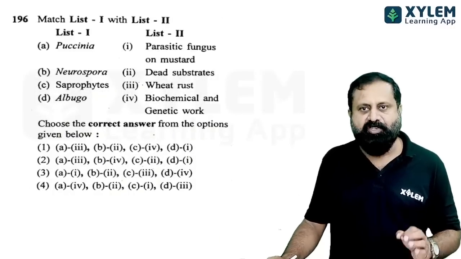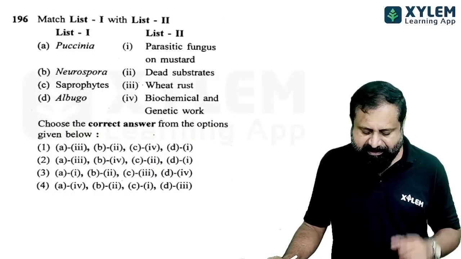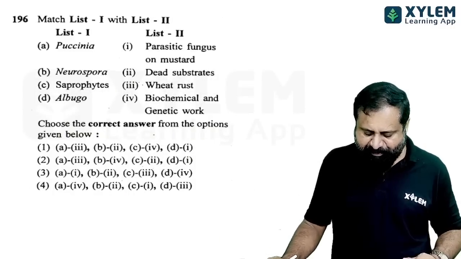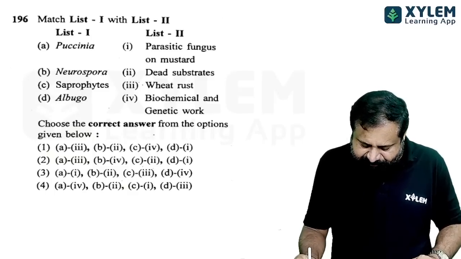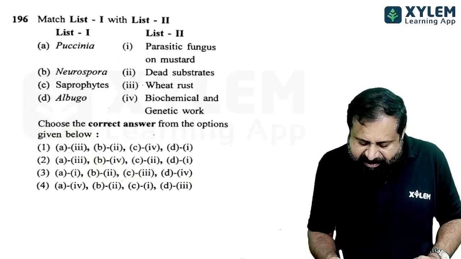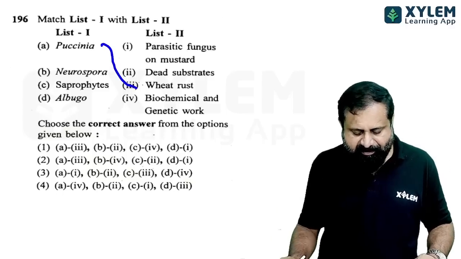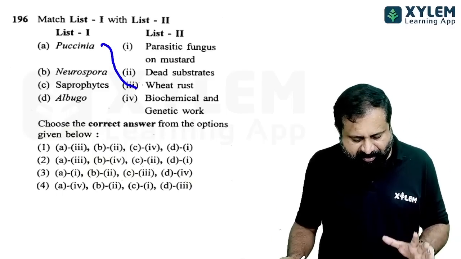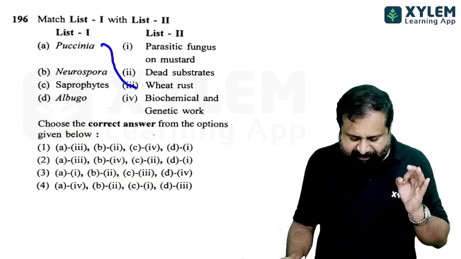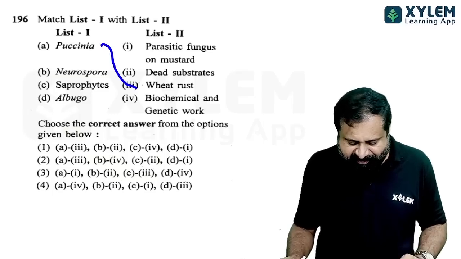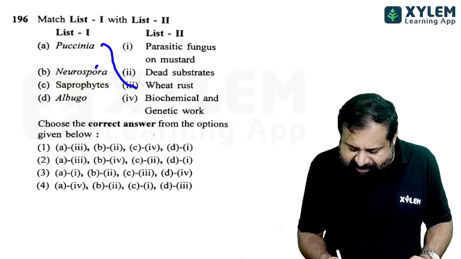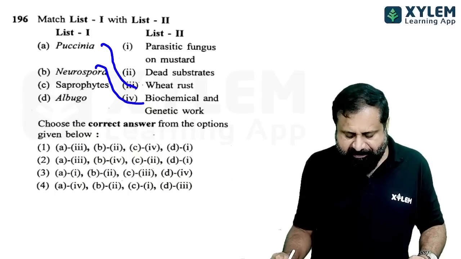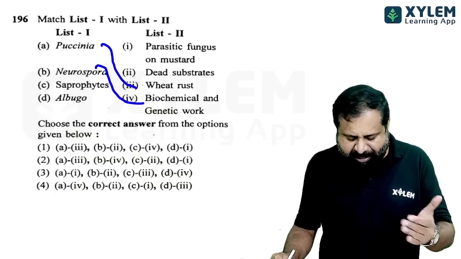196, again matching type of question. Watch it. Puccinia, we can relate it with wheat rust disease. Okay, so A3. Then B, Neurospora, used for genetic and biochemical studies, so B4.